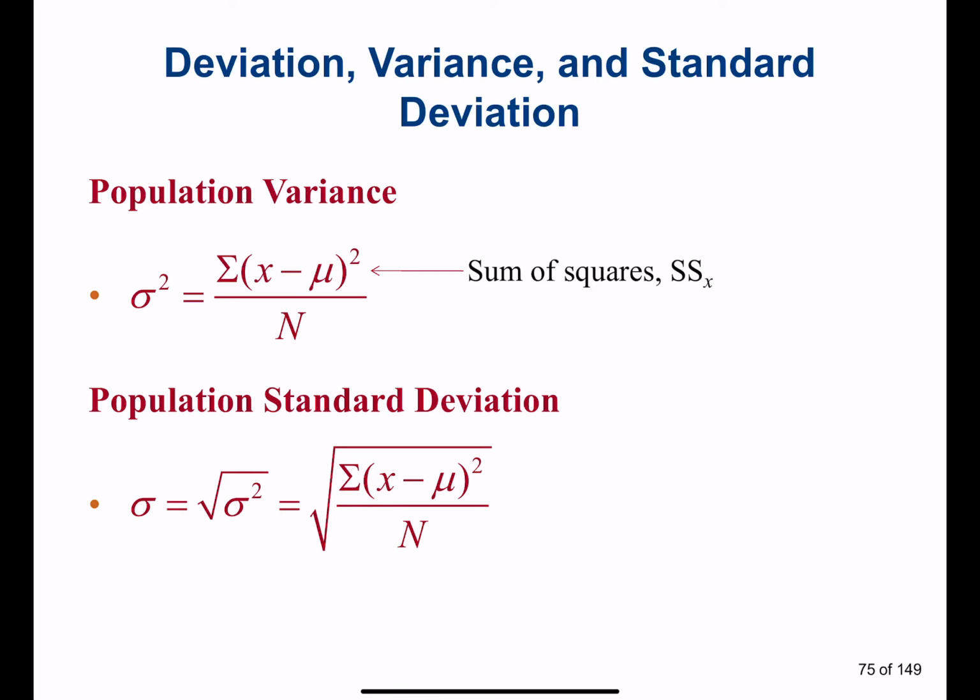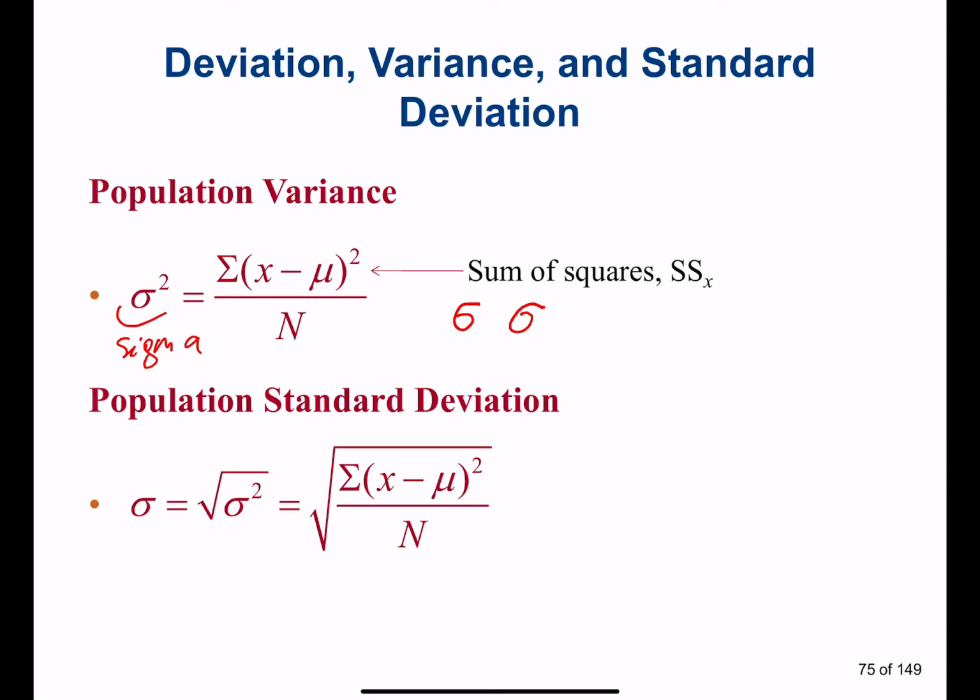Now this letter, we call it sigma. We call it sigma squared. It's the population variance. We measure it in squares. This is how you write it, sigma squared. See? It's not bad, is it? So that is your sigma squared, population variance.